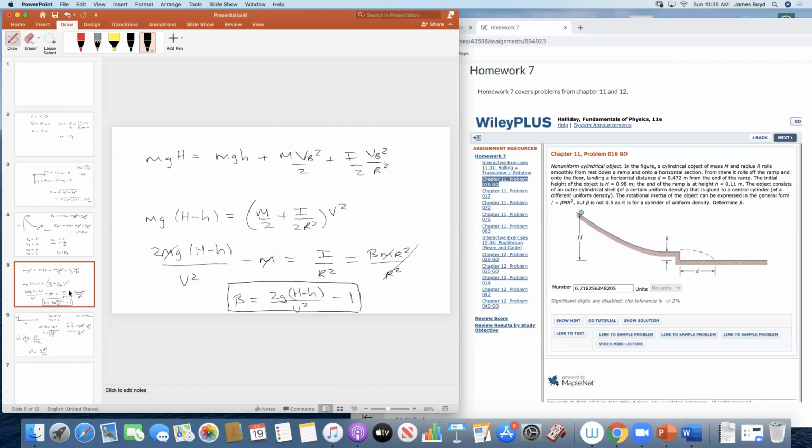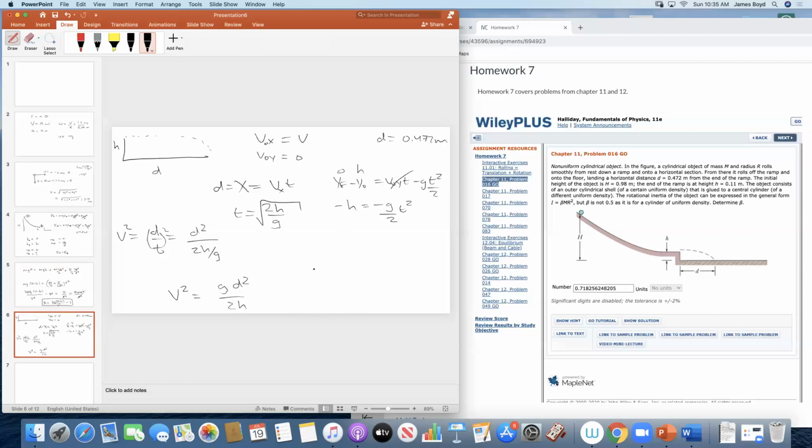Now looking back at this, I have beta is 2g h minus h over v squared minus 1, and v squared is g d squared over 2h.